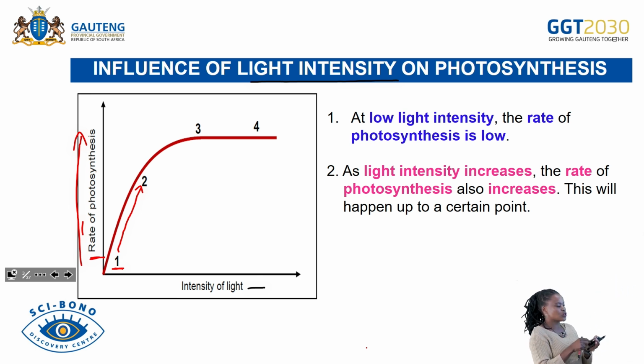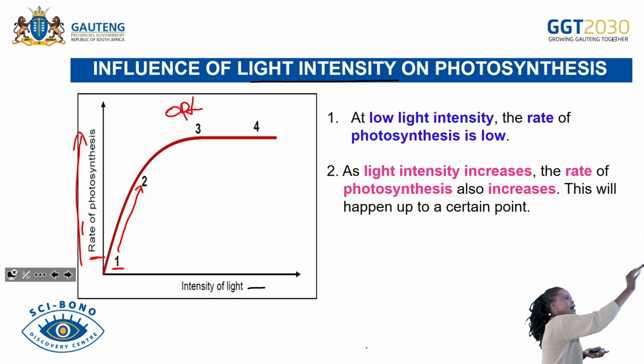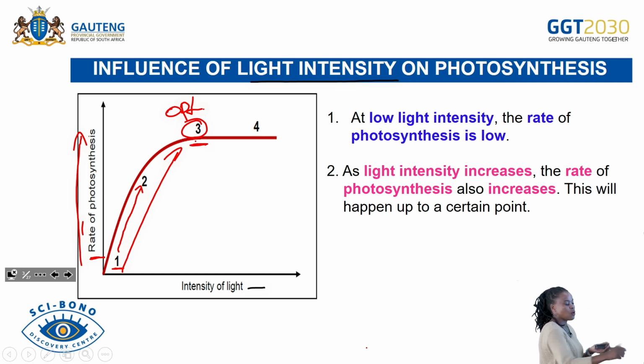So the rate of photosynthesis will increase up to its optimum point. It means that after the light intensity has increased up to its optimum, in this instance we can say 3 is the optimum value, it can increase rapidly, but after it has increased up to its optimum, it will remain constant.